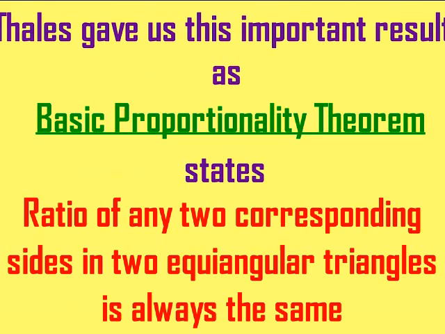Professor Thales gave us this important result as the basic proportionality theorem, which states that the ratio of any two corresponding sides in two equiangular triangles is always the same.